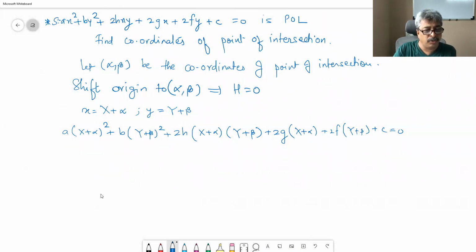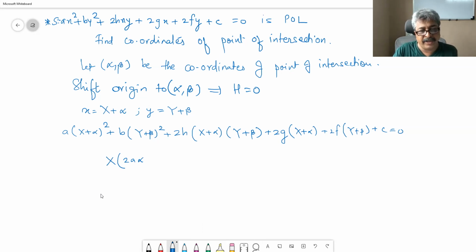We need to worry about the coefficient of X. So what is the coefficient of capital X? First term 2a alpha.